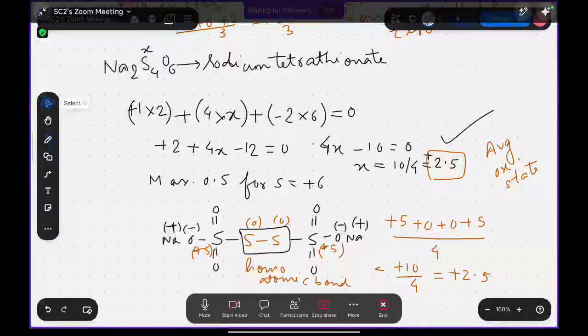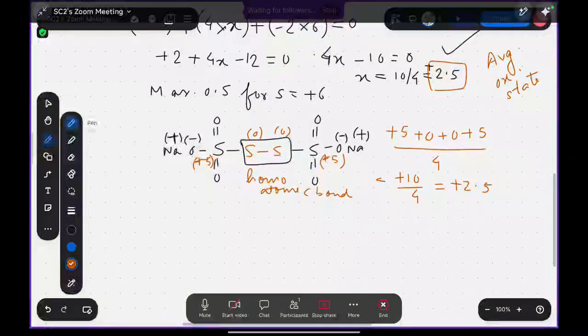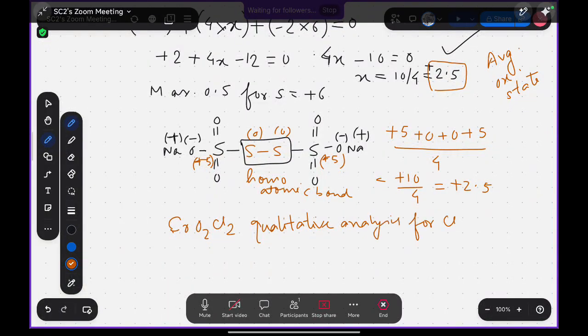Okay, let's move to another example. Say for example, if I take the example of CrO2Cl2, chromyl chloride. This is a very useful thing. When you do the practical for your qualitative analysis, that means cation anion detection, when you do qualitative analysis for chloride ion detection, chromyl chloride is formed.